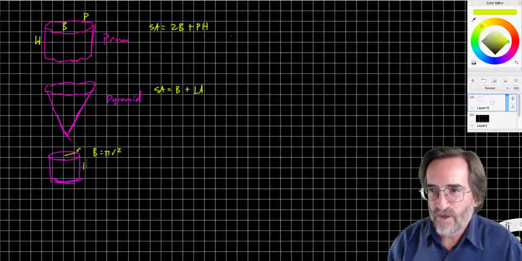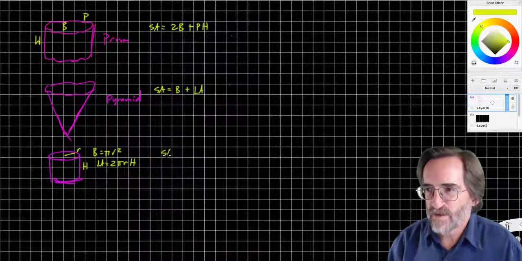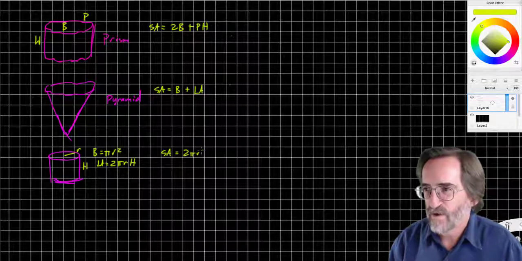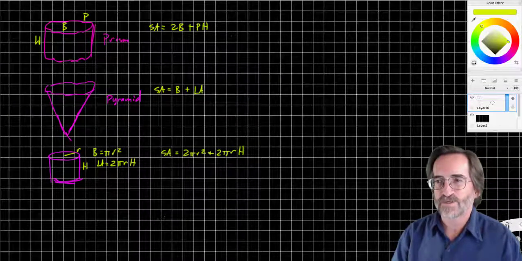And the lateral area is the circumference of the circle, which is 2 pi r, times the height. And so the surface area of a cylinder is 2 times pi r squared plus 2 pi r times the height, h.